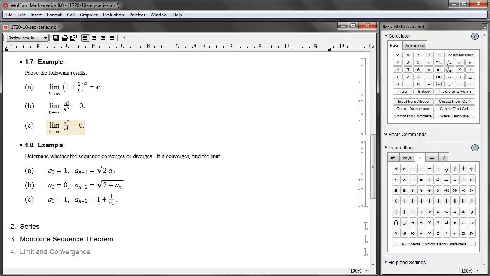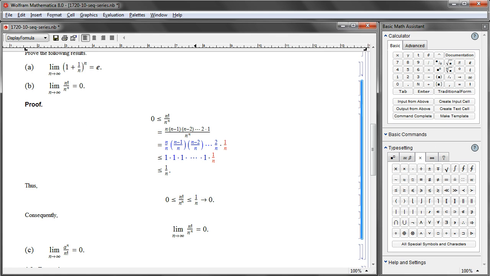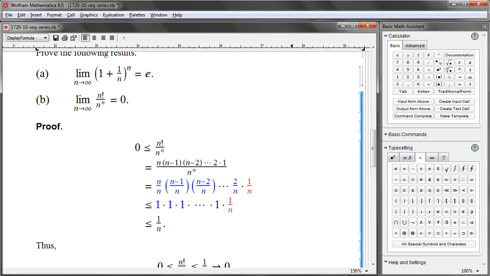The numerator is n times n minus 1 times n minus 2 times n minus 3 times all the way up to 1. The denominator is n to the nth power, so it's n times n times n and so on. In short, we have something like this. Let's expand the font a little bit so that everybody can see these fractions better.